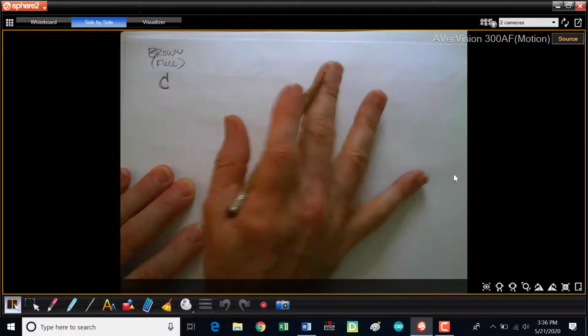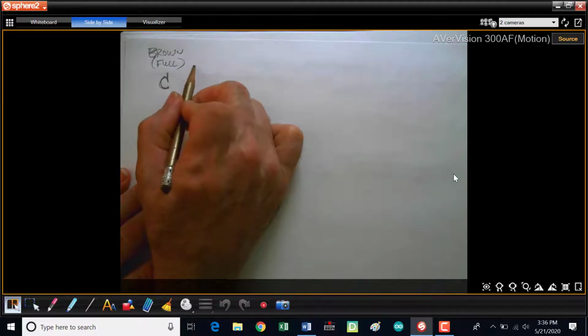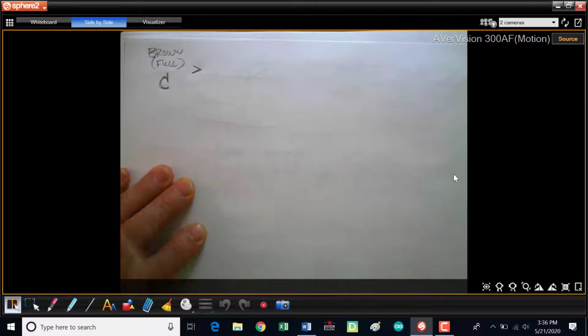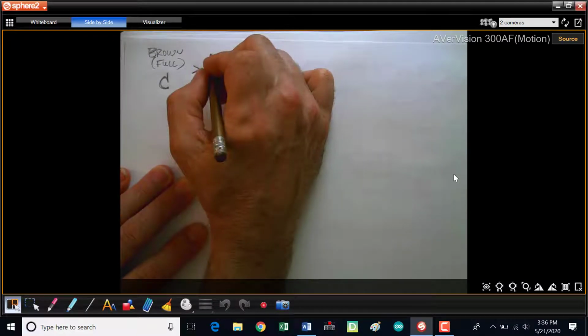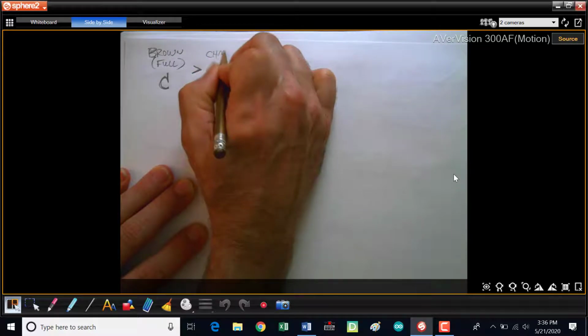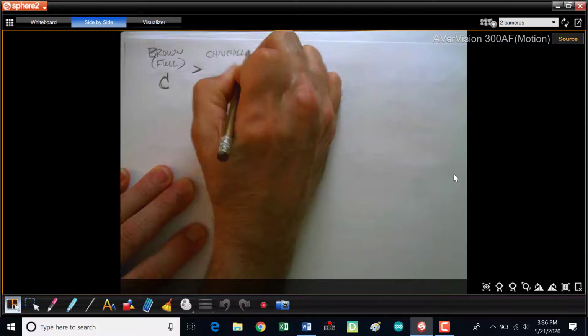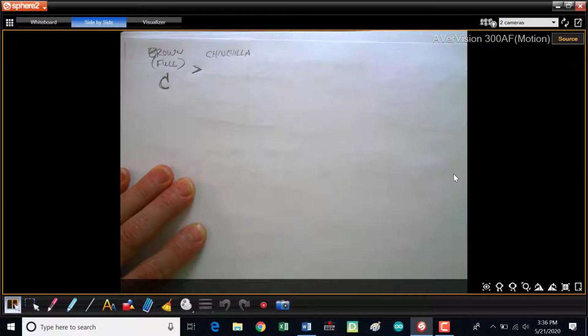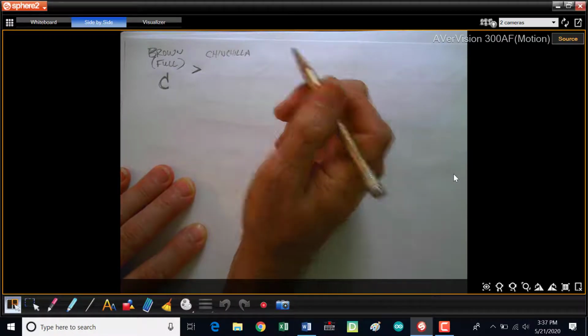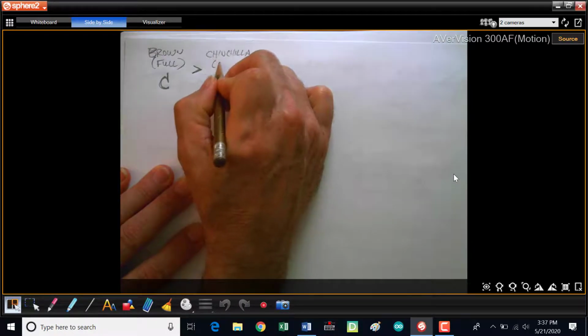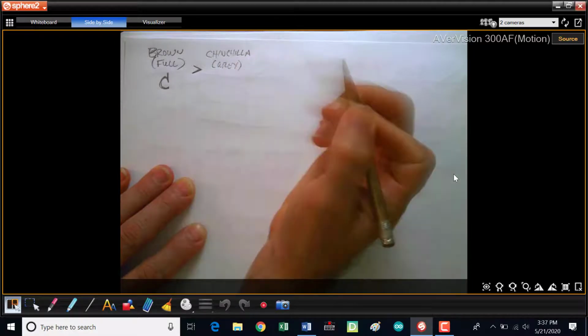Now, you're familiar with the concept of brown being dominant to another gene. In this case, let's suppose that there is a kind of rabbit fur called chinchilla. Now, I've seen actual chinchillas, which are a kind of rodent, and they're this beautiful uniform gray color. And I think that's really what chinchilla is. It's probably just uniform gray, but I don't actually know.